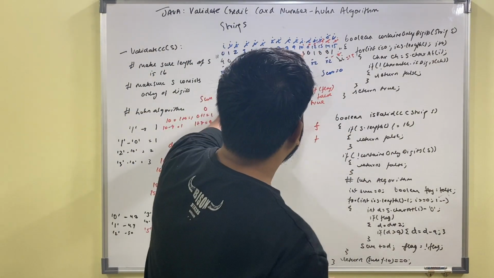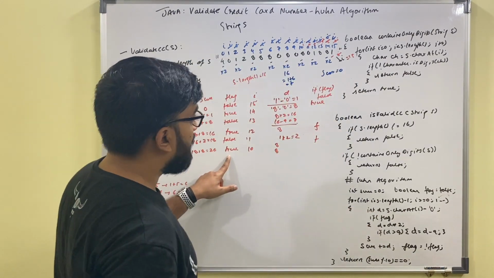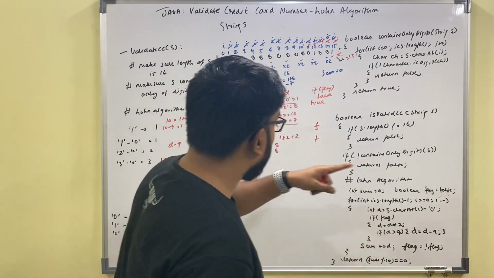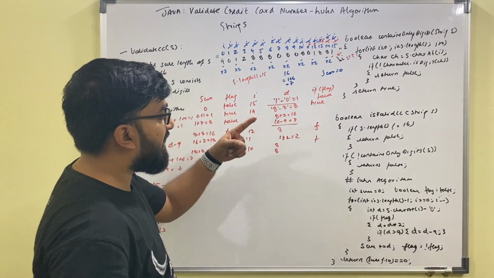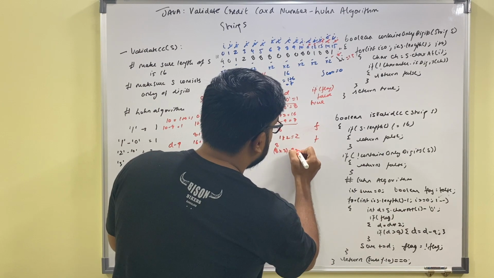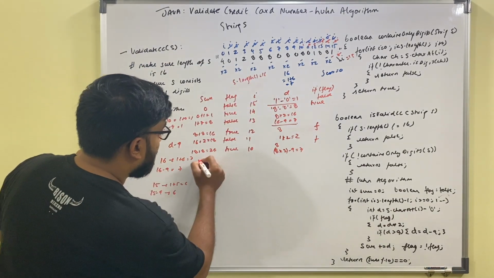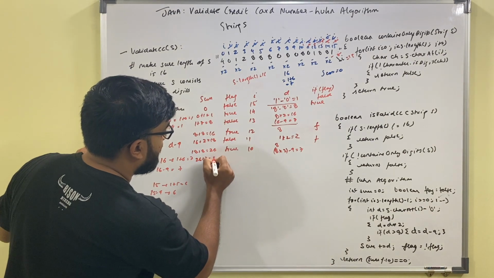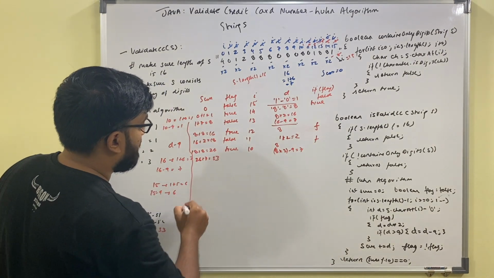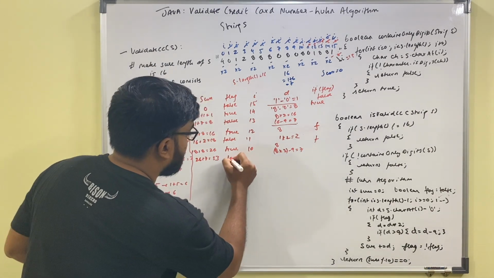Okay, D at 10 is 8 again. If flag is true, we do D into 2, 8 into 2, 16, then 16 minus 9, so into 2 minus 9 is equal to 7. Okay, add 7 to sum. 26 plus 7 is 33. Flag is not flag becomes false.